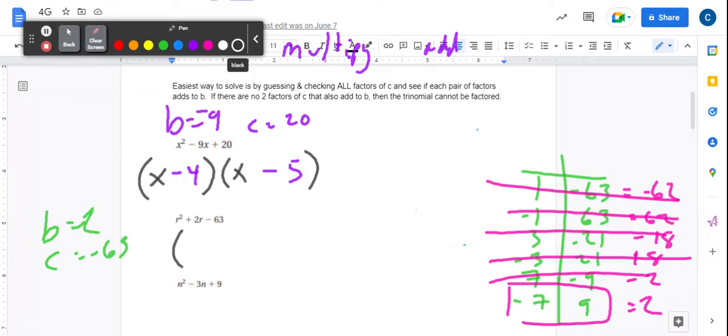So here we have r squared plus 2r minus 63, and that's going to factor into r minus 7 times r plus 9. Pretty simple stuff.